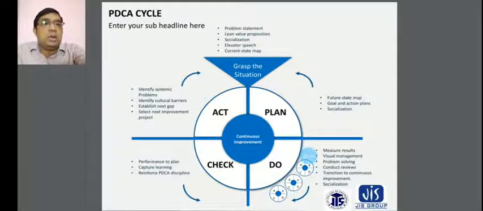This will be checked properly, so that your performance to plan will also be proper, and capture learning. Sometimes you require some peer knowledge, which is also required for capturing, and the reinforced PDCA discipline will also be maintained.